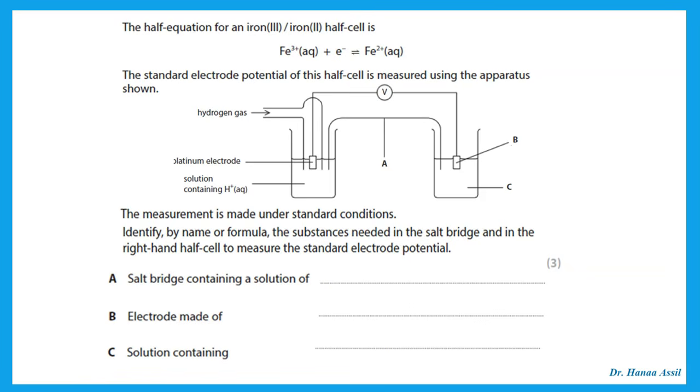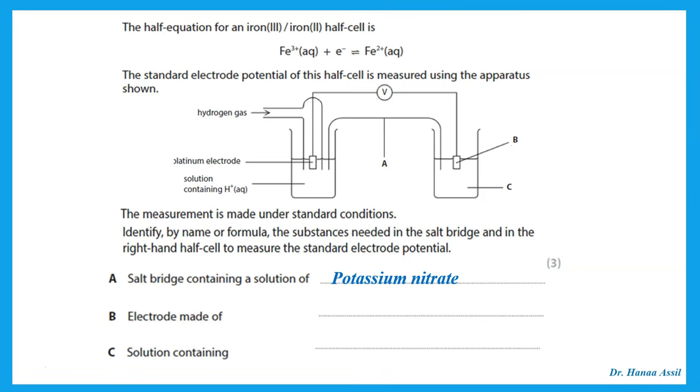Identify by name or formula the substances needed in the salt bridge, the right-hand half cell, to measure the standard electrode potential. We said if we have a salt bridge, the salt bridge contains a saturated solution of potassium nitrate. That's the usual one.